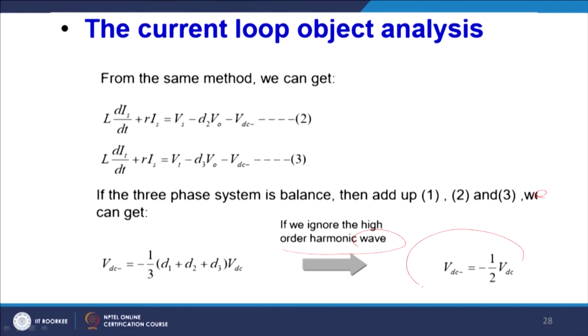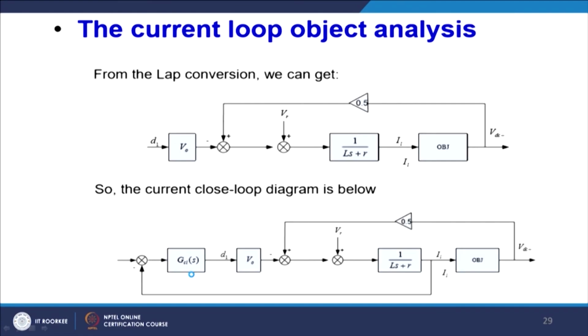Thus what essentially you get is V D C equal to minus V D C from here. This is the constant value and this is the variable value, and thus this is the control loop you require to control. This is the duty cycle of V 0 and you are giving a feedback through this inductor, and this is your objective function, nothing but an inverter.